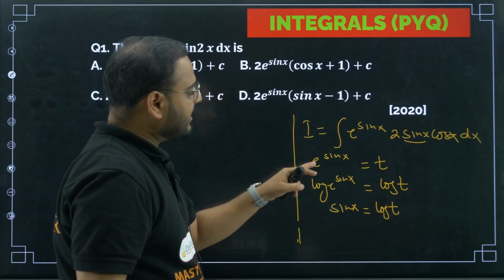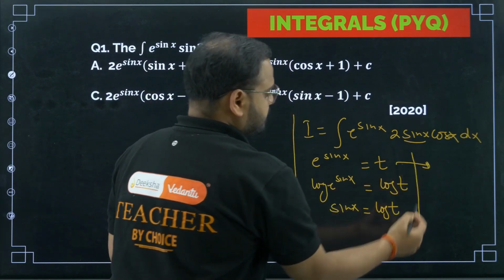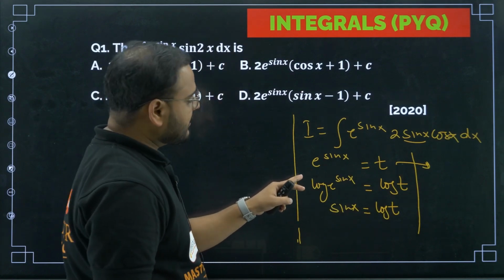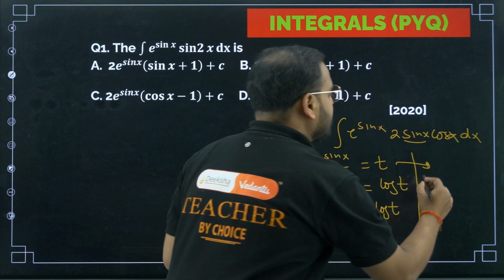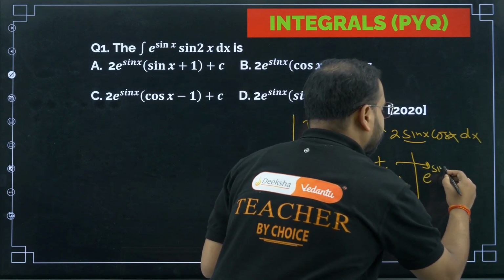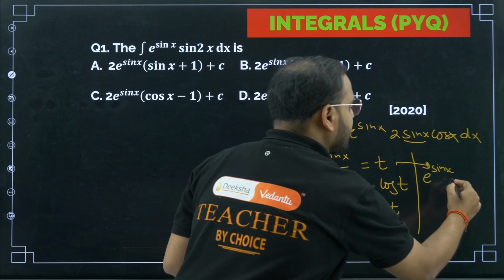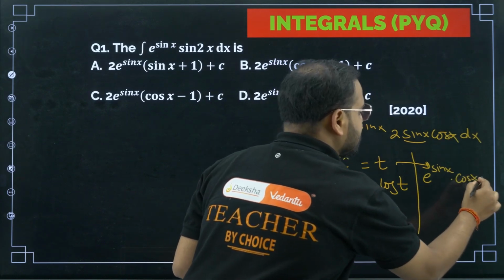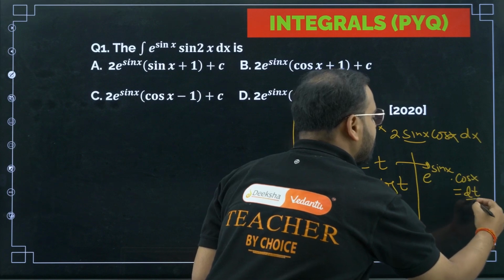Now I can differentiate this expression. The differentiation of e^(sin x) is e^(sin x) only, and for sin x I differentiate again and it comes as cos x. This equals dt by dx.